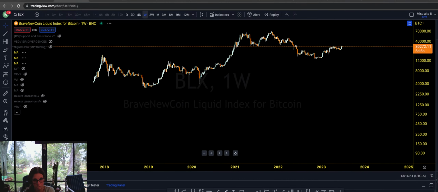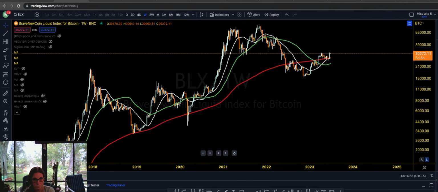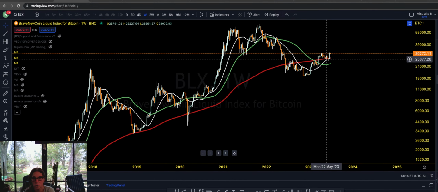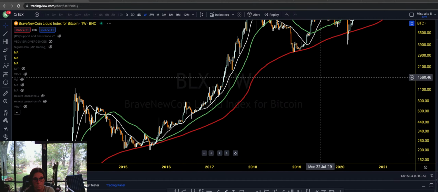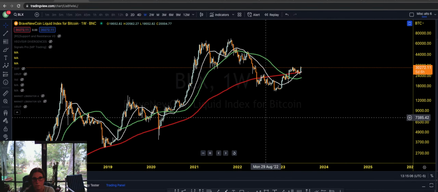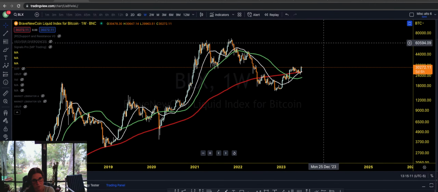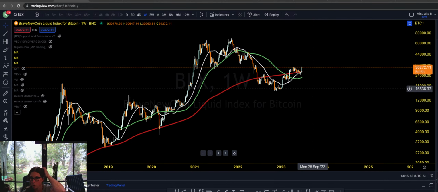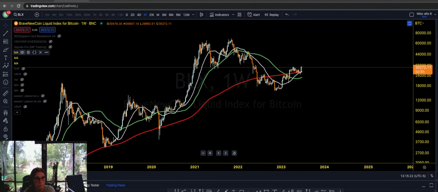Look at the weekly. Where the 20 is trying to cross the 200. This red one is the 200. If we're going higher, it's going to take them with it. All right. And we'll talk about that when we get on the lower time frame, what needs to happen. My bias is that we're probably going higher. Okay.